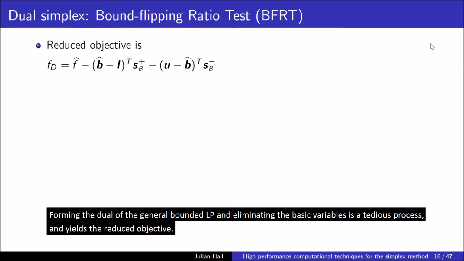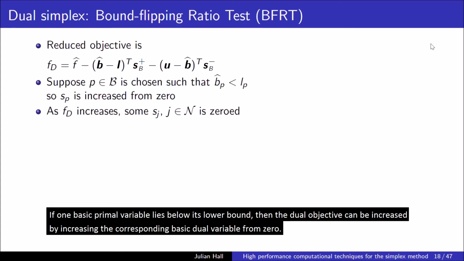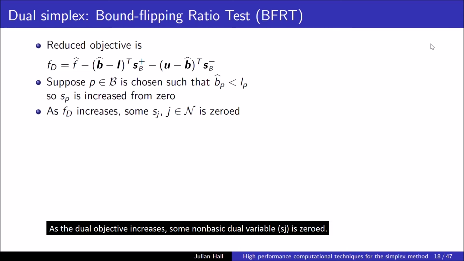Forming the dual of the general bounded LP and eliminating the basic variables is a tedious process and yields the reduced objective. If one basic primal variable lies below its lower bound, then the dual objective can be increased by increasing the corresponding basic dual variable from 0.